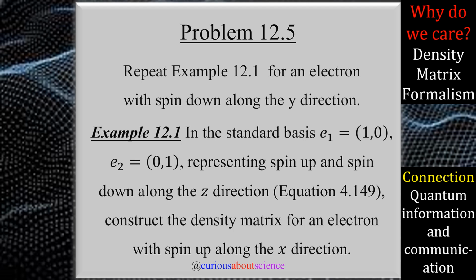Density matrices are essential tools in quantum information theory, enabling the description and analysis of quantum states used in quantum computing and communication protocols. So if I know what's happening in a given state and I can manipulate the matrices, I can get out the new expectations, things like that.